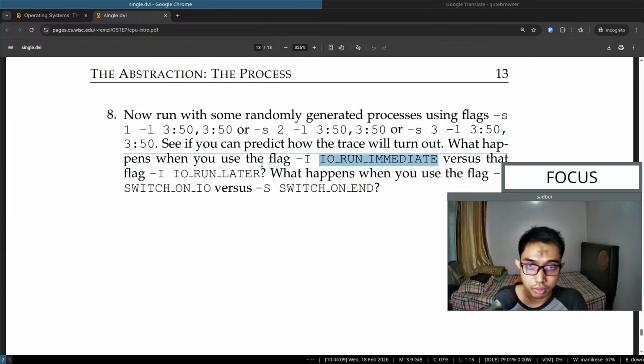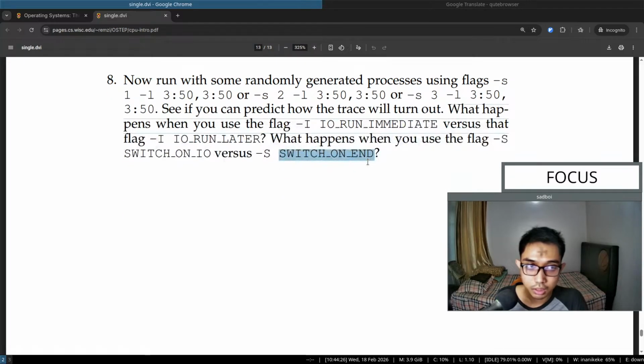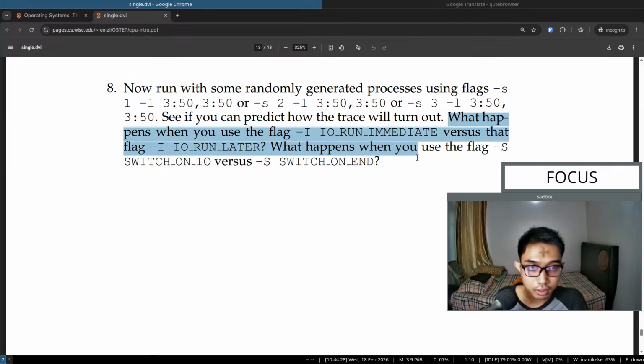Input output run immediate, right? Comparing these two, and then comparing this one to switch on input output or switch at the end of the process. Okay, let's save this for another session.